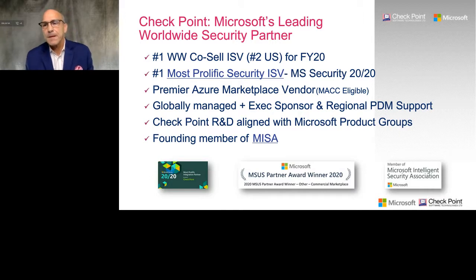They were awarded Most Prolific Security ISV, Microsoft Security 2020. They're involved in a multitude of associations like MISA, which is the Microsoft Intelligence Security Association. It's a composite of managed and unmanaged security partners for Microsoft, both channel and ISV, where Checkpoint falls into.